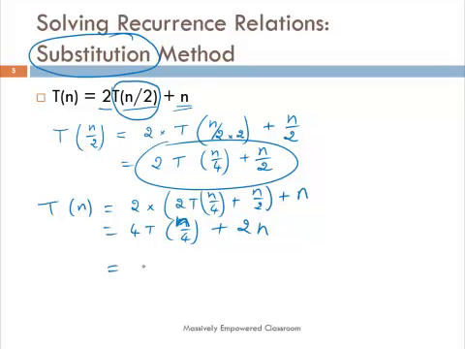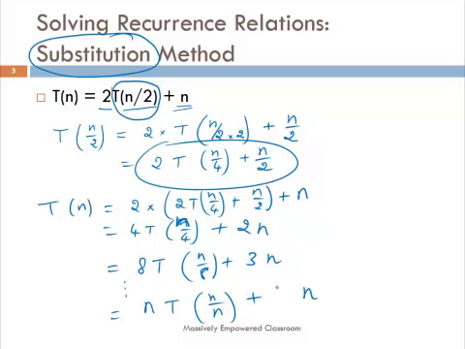So if you keep doing that, you will get things like 8t n by 8 plus 3n, and so on. When will this end? This will end when we get n t n by n plus how many n's will be there? As this number increases, and for convenience we assume n is a power of 2, 2 power k.